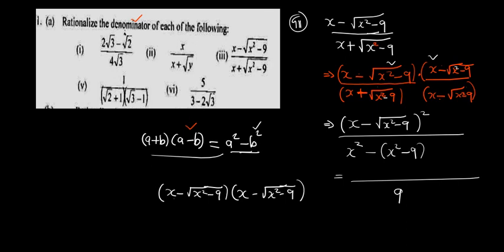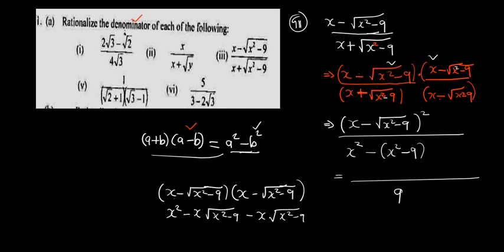x times x is x squared. Then x times that will be minus x root of x squared minus 9. Again, this one times x is negative x root of x squared minus 9.